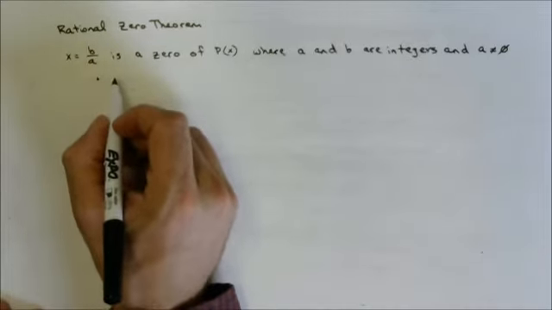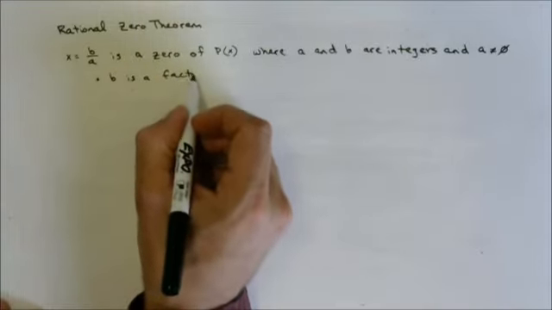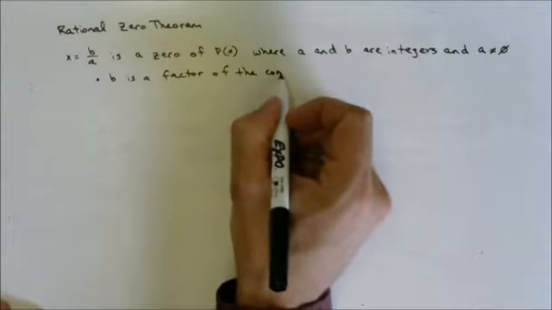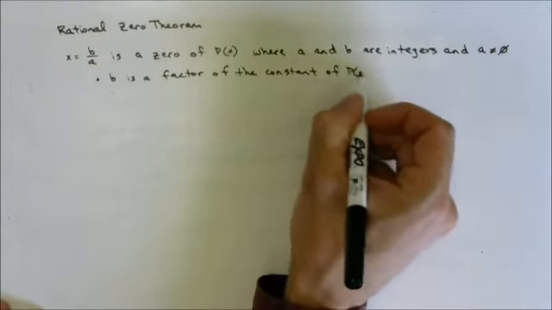What is true here? B is a factor of the constant of p of x. We already knew that.